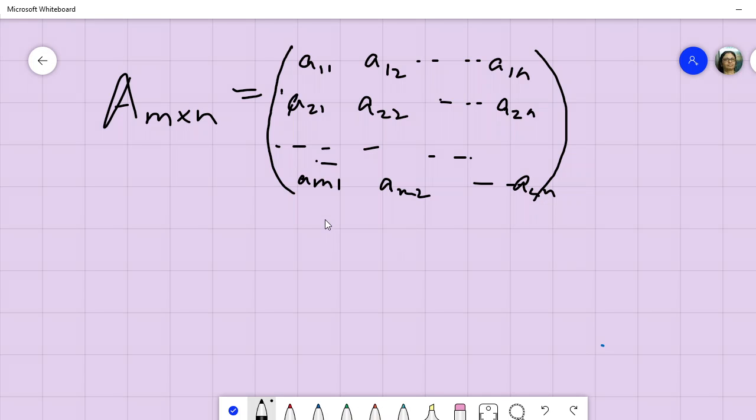So by some elementary transformation we get something like this.